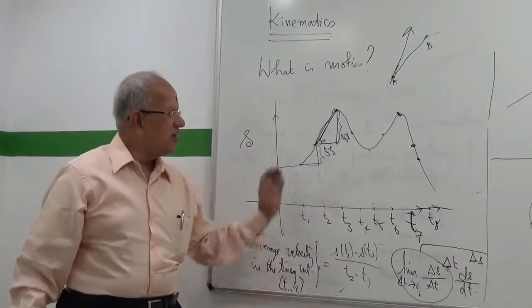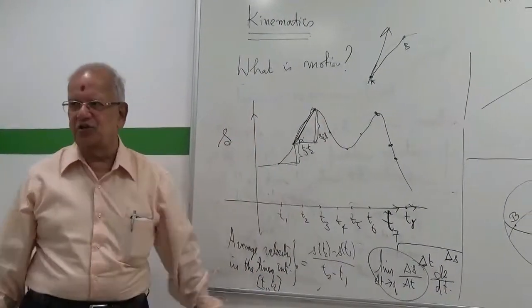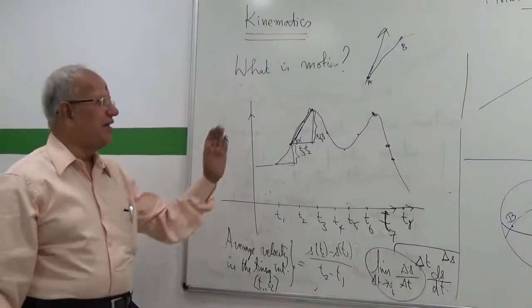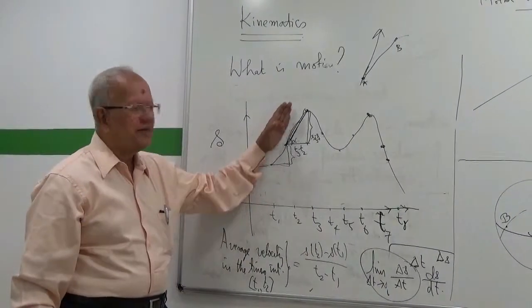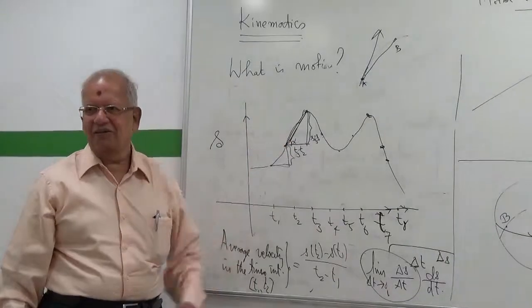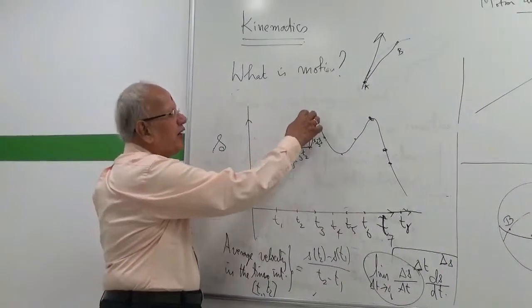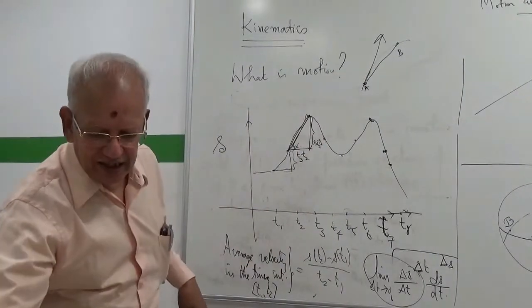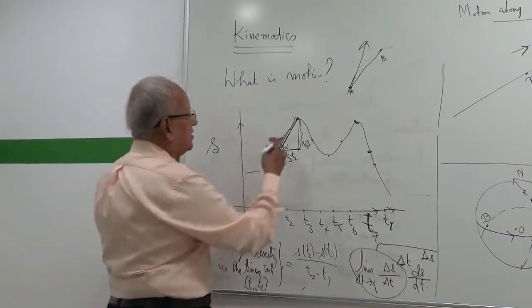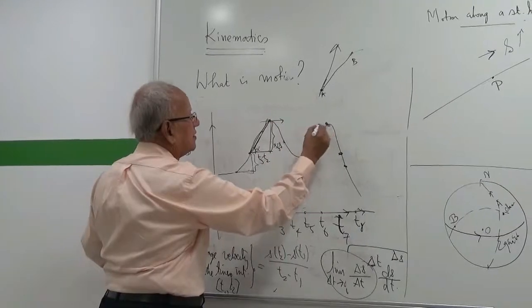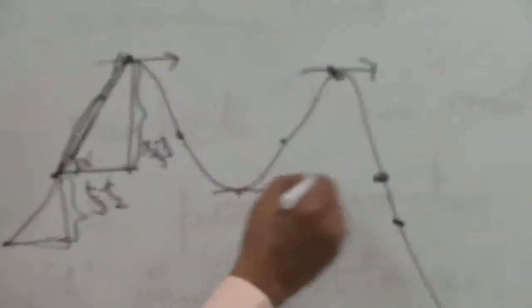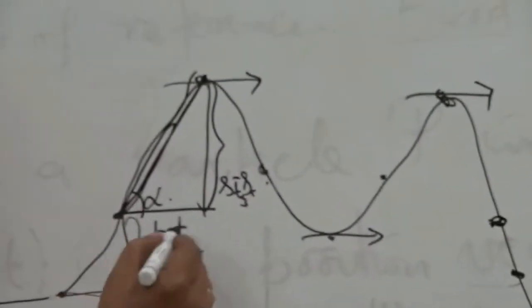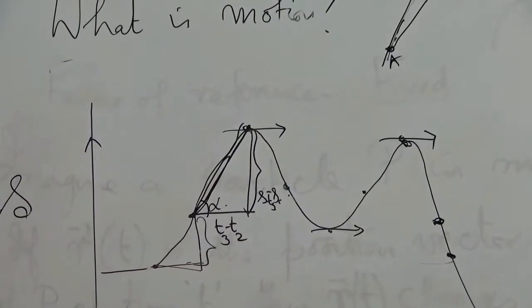Look at this graph, and when does it become 0? ds by dt is the slope of the tangent, isn't it? So at these points, what happens to the tangent? The tangent is parallel to the axis.